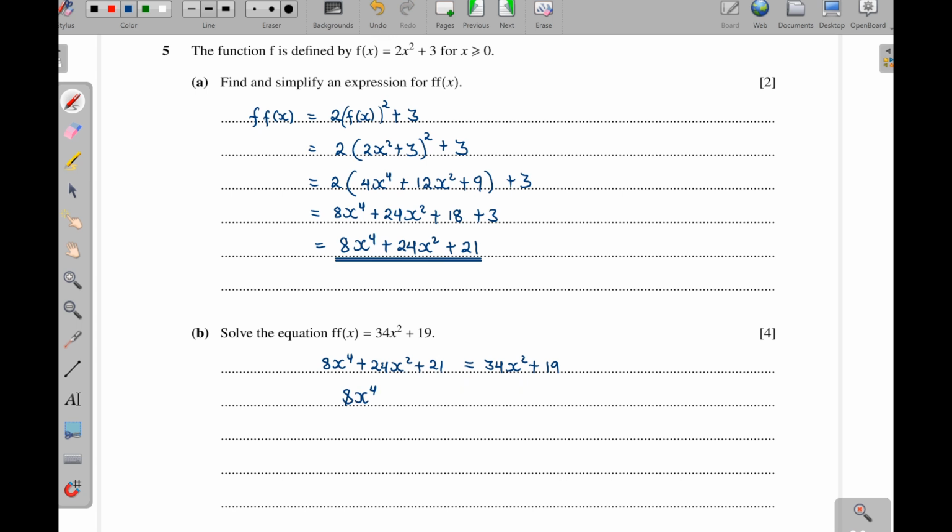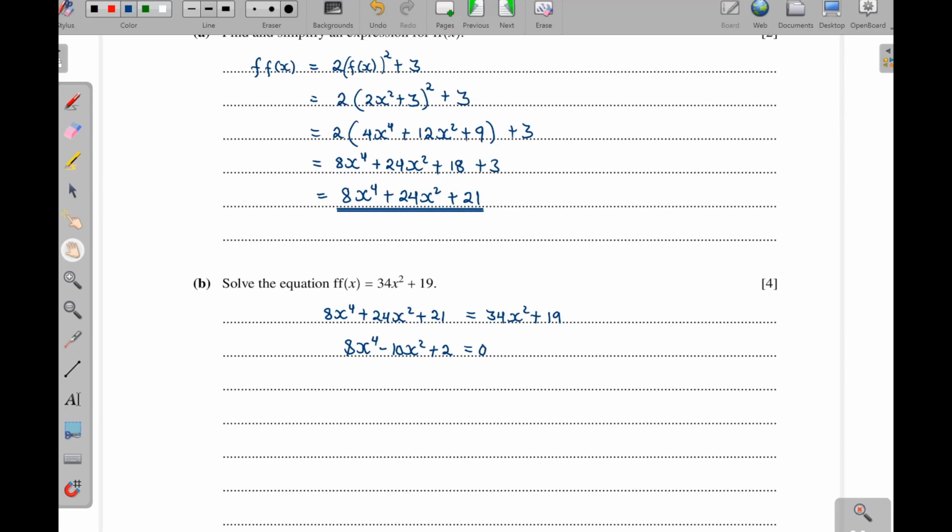So this is 8 x power 4. Now 24 minus 34 will be negative 10 of x squared. And then 21 minus 19, isn't that a 2? It is equal to 0. Then I can divide all through by 2, such that we get a simplified quadratic equation.